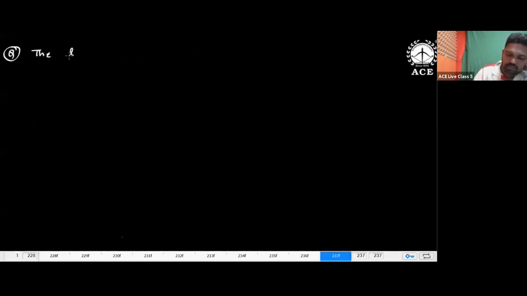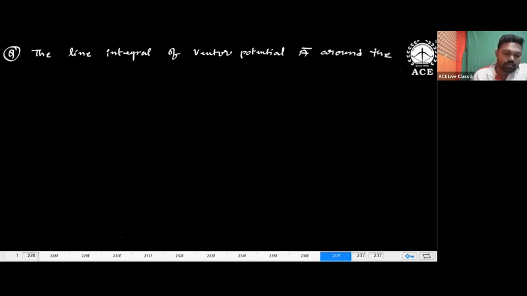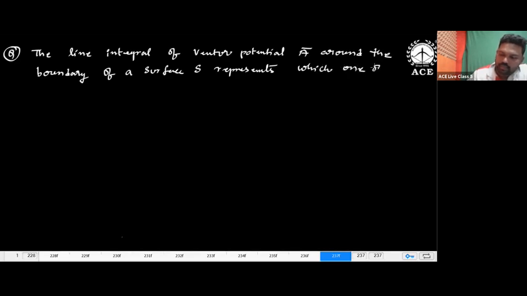The line integral of vector potential A around the boundary of a surface S represents which one of the following?